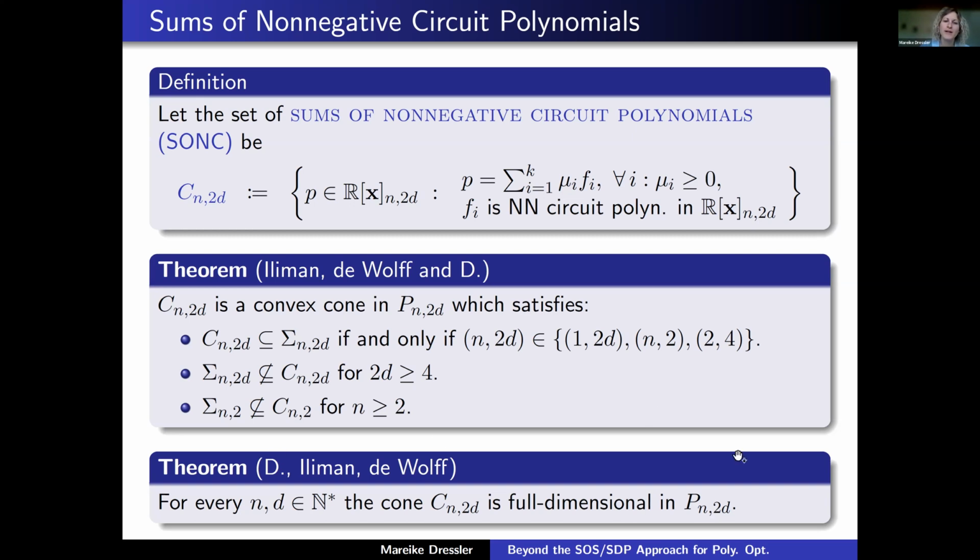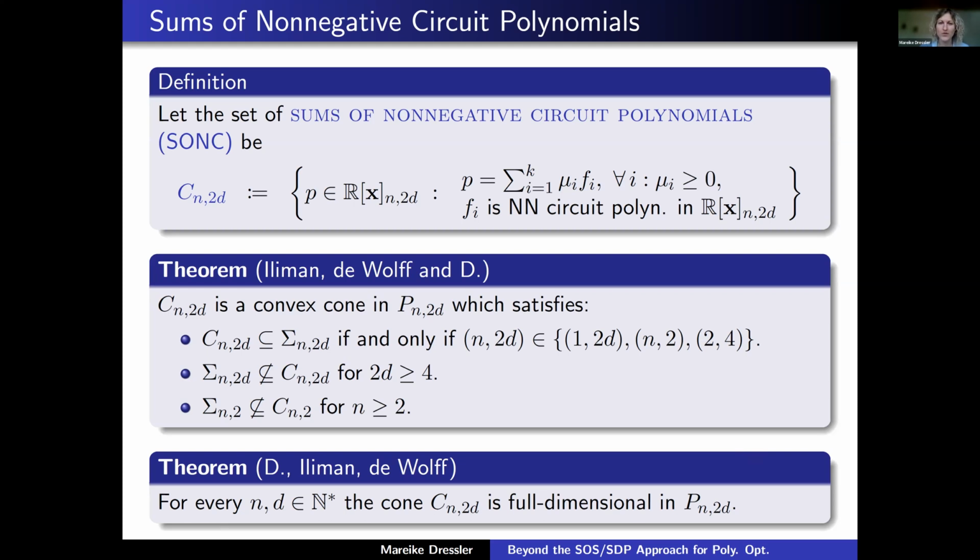That is given by the result that the SONC cone is full dimensional in the non-negativity cone, which shows us that indeed, if the dimensions are equal, this property to be SONC is satisfied for a reasonable amount of polynomials.